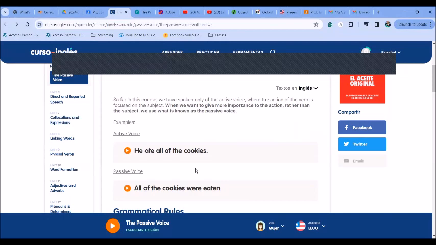All right, so active voice usually is speaker does action. So of course there the focus is on the subject. When we focus on the action, we're using the passive voice. So he is the focus. He ate all the cookies. All the cookies were eaten. The focus is on eating the cookies.